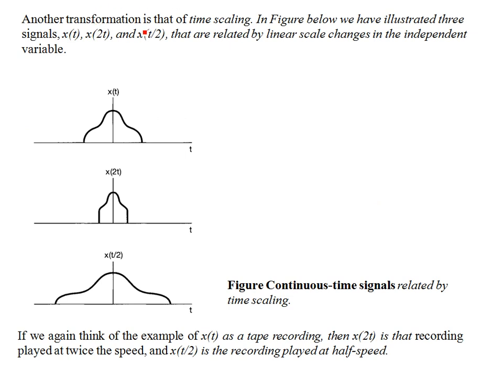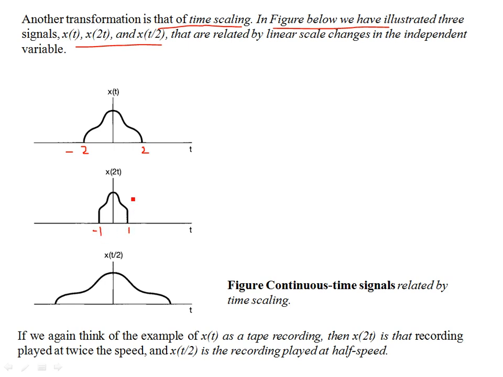A third transformation is that of time scaling, of practical interest. In the figure below, we have illustrated three signals: x(t), x(2t), and x(t/2). Either you compress the signal if you multiply t by a number greater than 1. For example, if this is 2 seconds and this is minus 2 seconds on the time axis, then this will be 1 second and this will be minus 1 second.